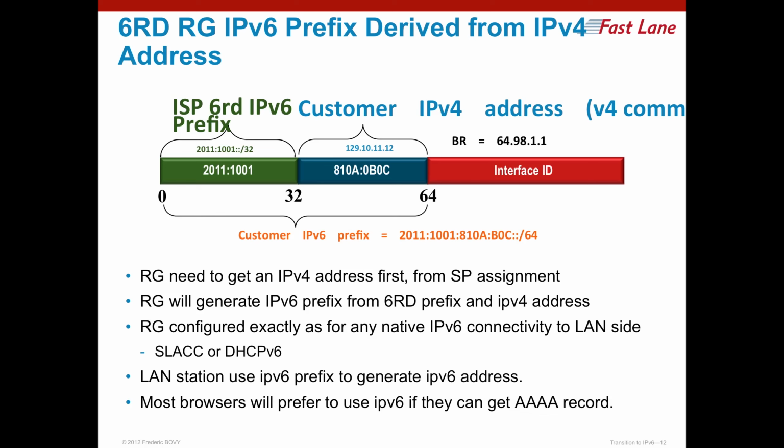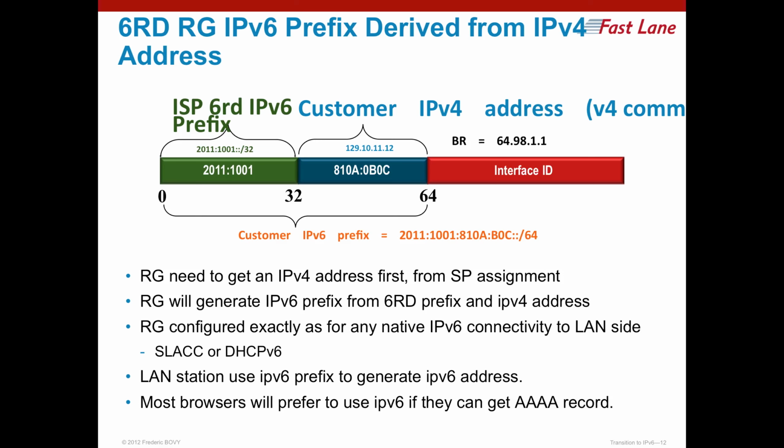Same principle as 6to4. The difference is the prefix, no longer 2002, but a prefix customized for the service provider, then the IPv4 public address of the customer, and then the interface ID for each machine inside your network. This is how your 6RD address is built.